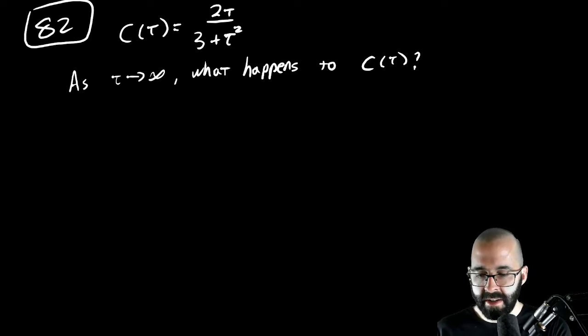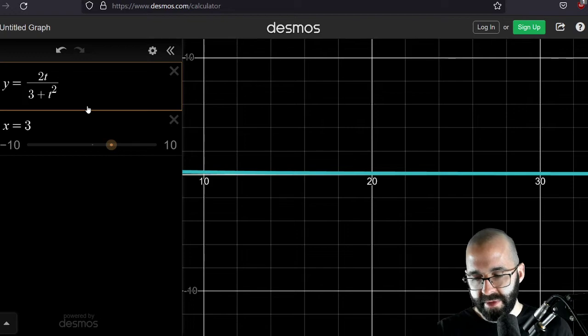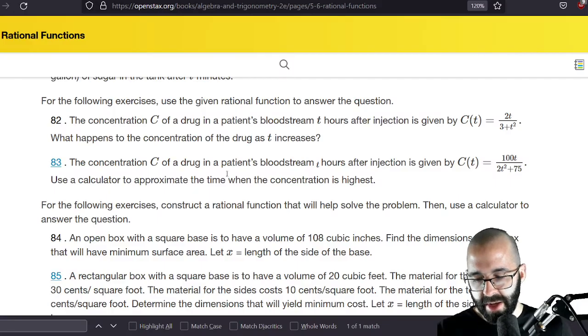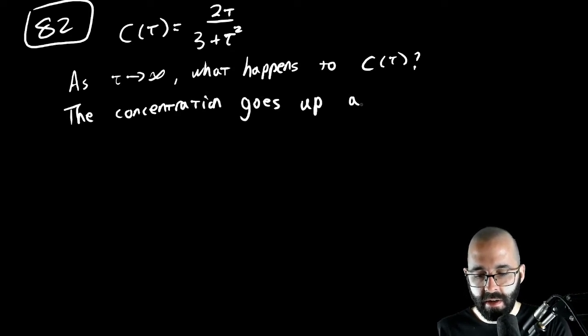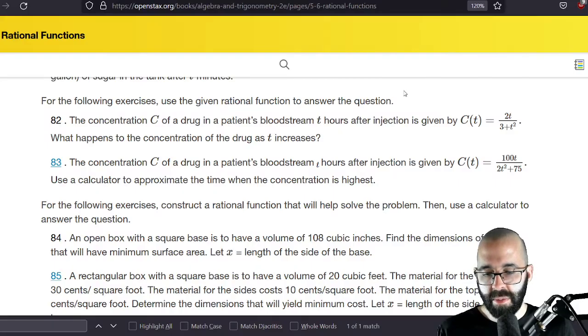So, it doesn't exactly ask about the limit behavior, right? As T increases, the concentration goes up a little bit. And it peaks. Where does it kind of peak around?